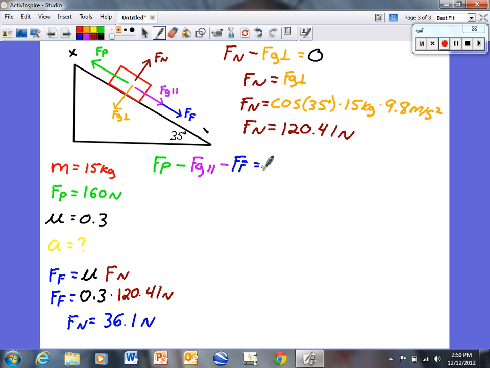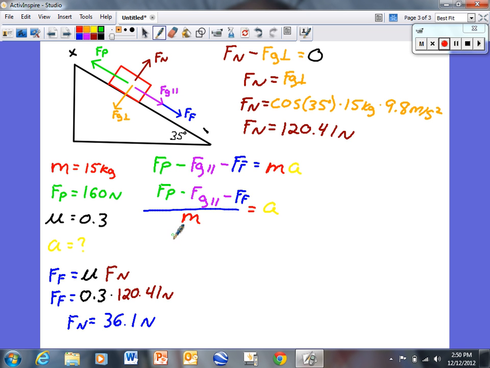There is an acceleration, so all of that stuff added up equals ma. So in order to solve for acceleration, I have to divide mass to the other side. So I have my force of push minus force of gravity parallel minus my force of friction, all divided by my mass, equaling a.